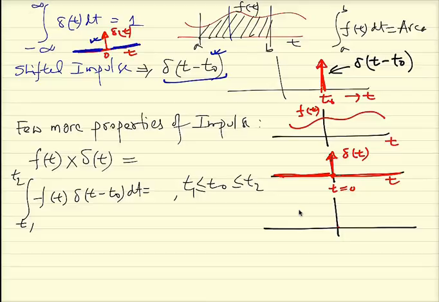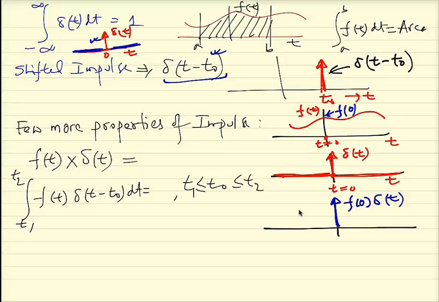Only at t equal to 0 it is not equal to 0, where it has an infinite magnitude. You multiply that infinite magnitude with the value of the function at t equal to 0, which is f0. So f0 multiplies with delta t, and you get an impulse, but the strength of the impulse changes. It will be f0 delta t.